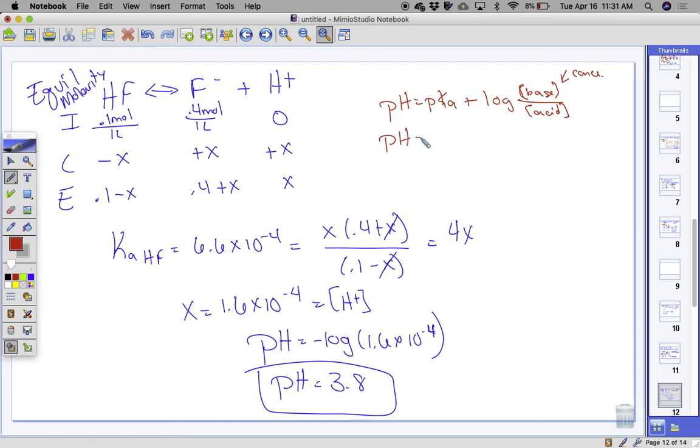So here we would have done the negative log of the 6.6 times 10 to the negative fourth plus the log of the base, which is what? 0.4, because this is the conjugate base. This is the acid over 0.1. And then the pH should come out to be 3.8.